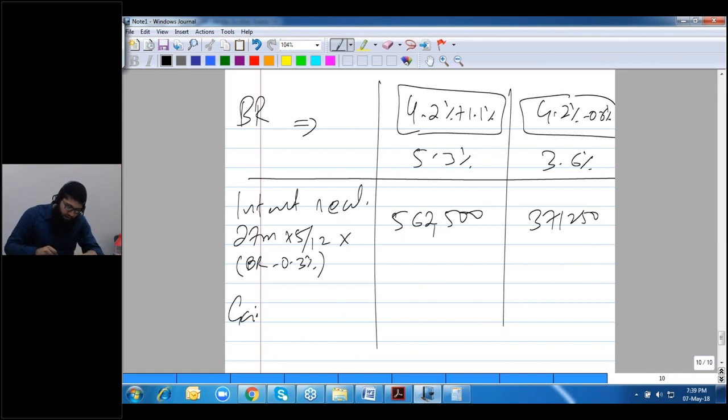And then you would say gain or loss on interest rate future. The next thing is going to be gain or loss on interest rate future.